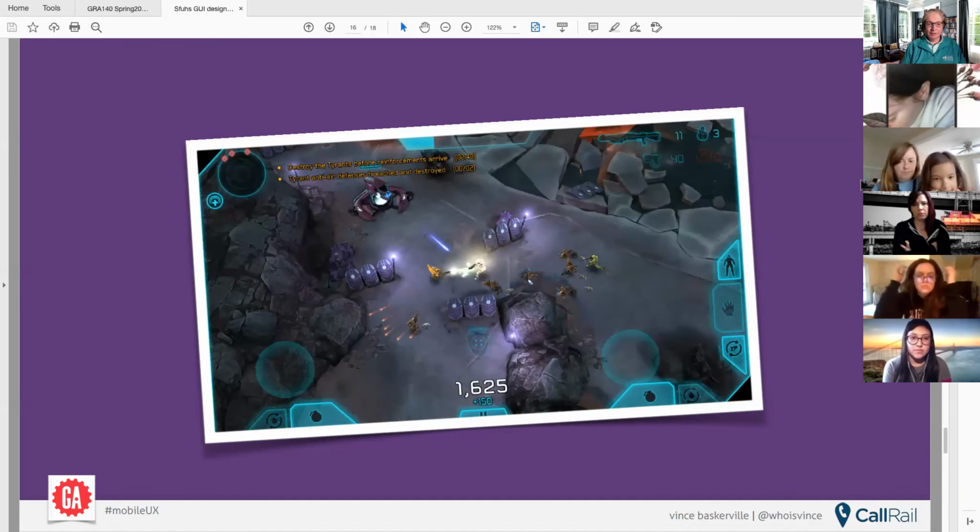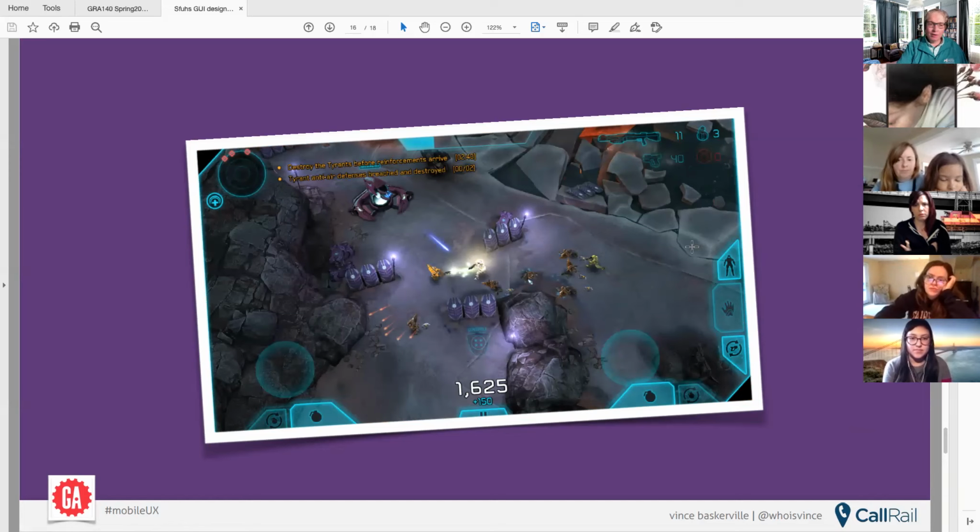This one, it's a video game, but you'll notice where they've rotated the mobile device, and they're trying to put anything that you would need to use where you would use it, and you could still keep your fingers where they need to be to hold the device. So you should be able to get to the things that you need most often.